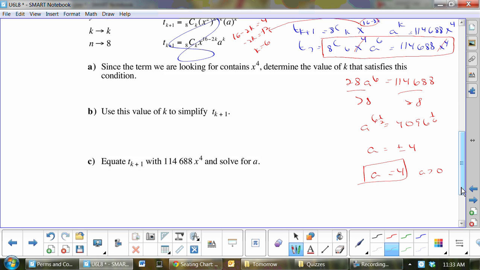So the actual equation was x squared plus 4 to the 8th. And term 7 is 114,688 x to the 4. So do you see how this one's not going to have a y value in it at the end? It's going to combine with the coefficients because they've made y a number. Okay?